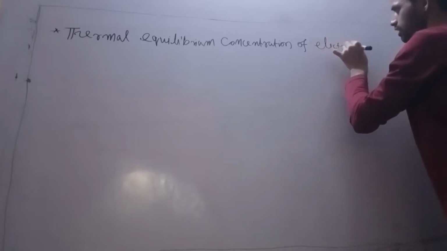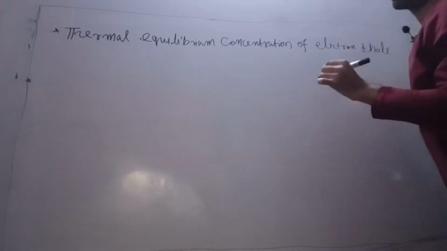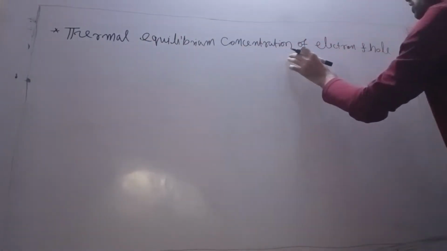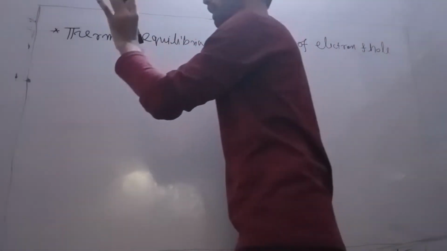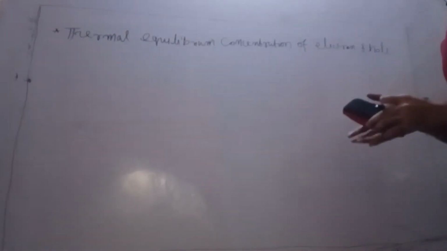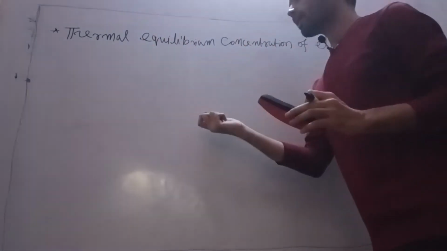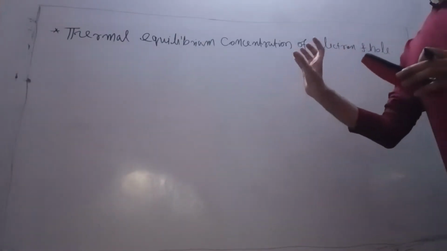Thermal equilibrium concentration of electron and hole, under some assumption that we will take here. What assumption will we take?